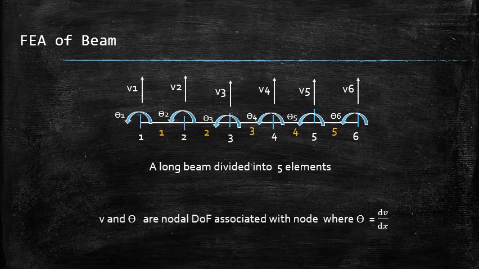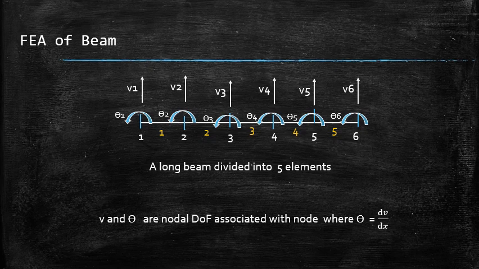Now we have divided a beam into finite number of elements. Here you can see there are 5 elements: 1, 2, 3, 4 and 5. The beam has been divided into 5 elements with 6 nodes. Now as we have seen that each node has 2 degrees of freedom, that is V and theta.